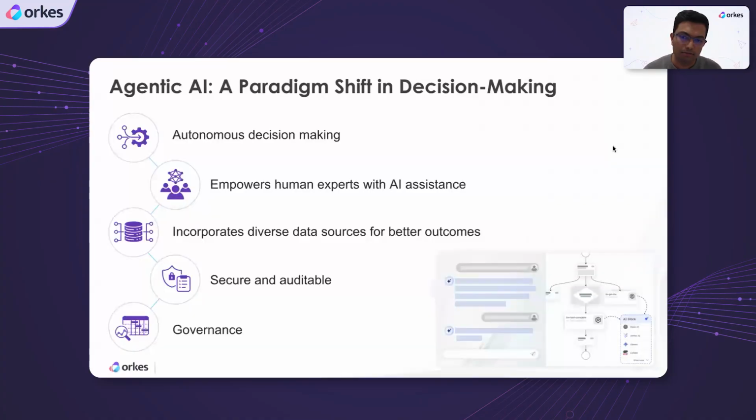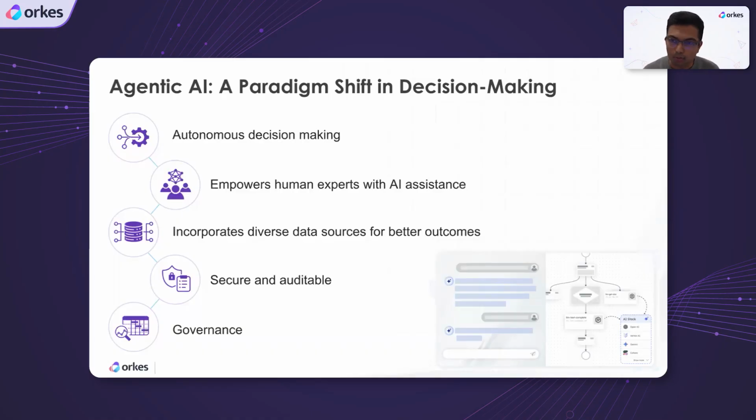So enter agentic AI, right? A transformative approach that enhances automation by incorporating decision-making capabilities. With agentic AI, you can harness the power of foundational LLM models to navigate complex scenarios that in the previous world required significant human intervention. They are powerful systems that empower human experts to join the conversation with AI.